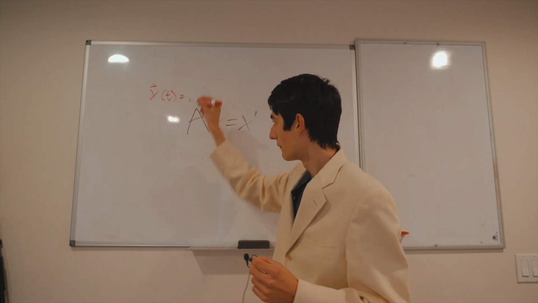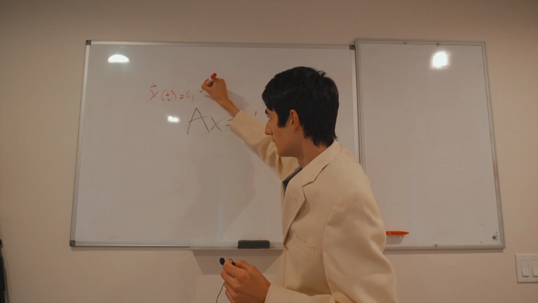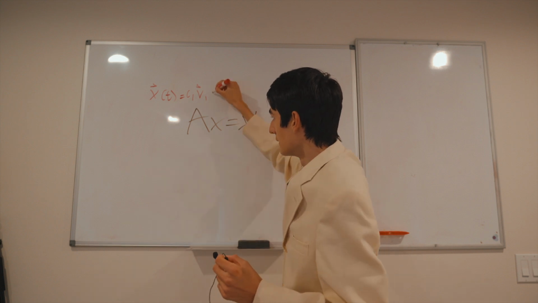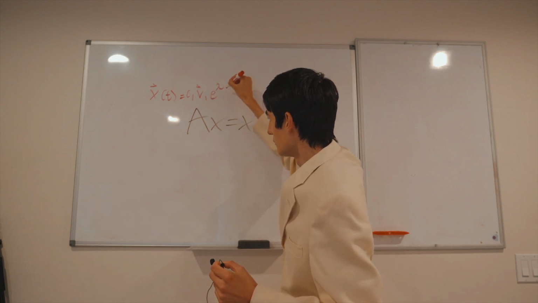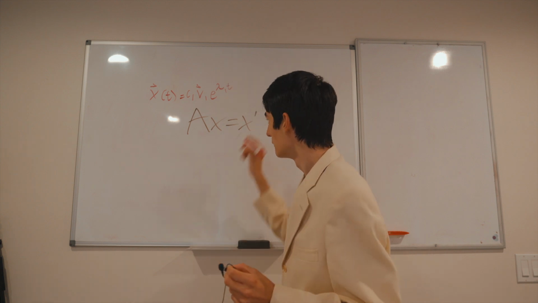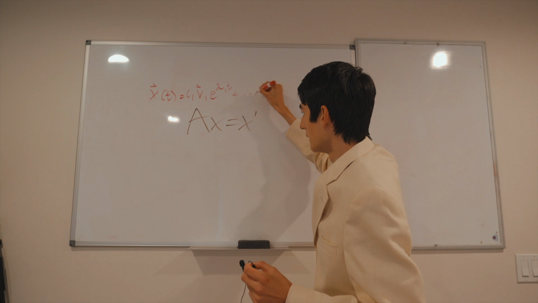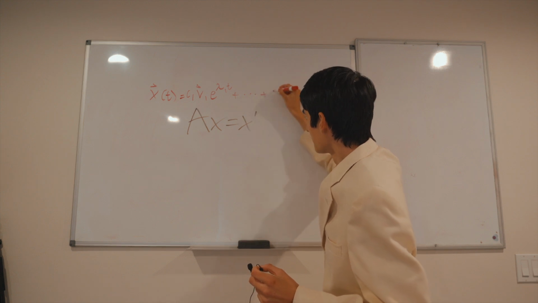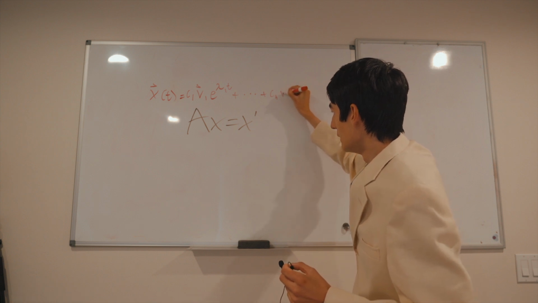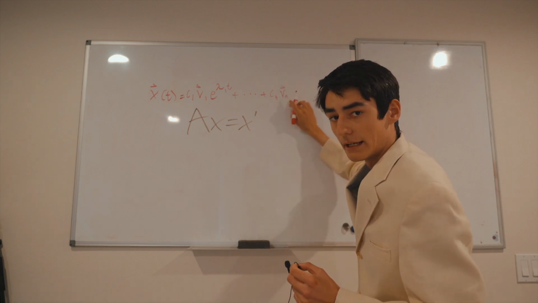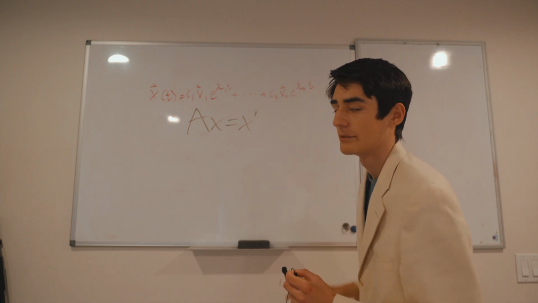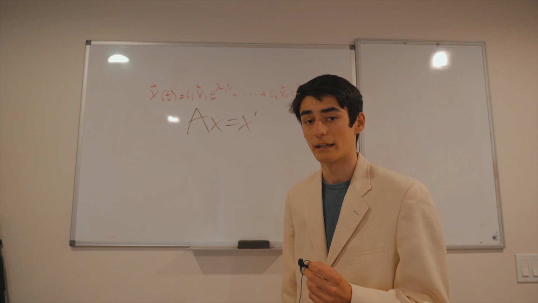It will equal first a scalar, then the first eigenvector, along with e to the lambda 1 t, where lambda is the eigenvalue, plus, and depending on how many rows or columns you have, it goes on to c of n, v of n, which is the nth eigenvector, e to the lambda n t, where lambda n is the final eigenvalue.